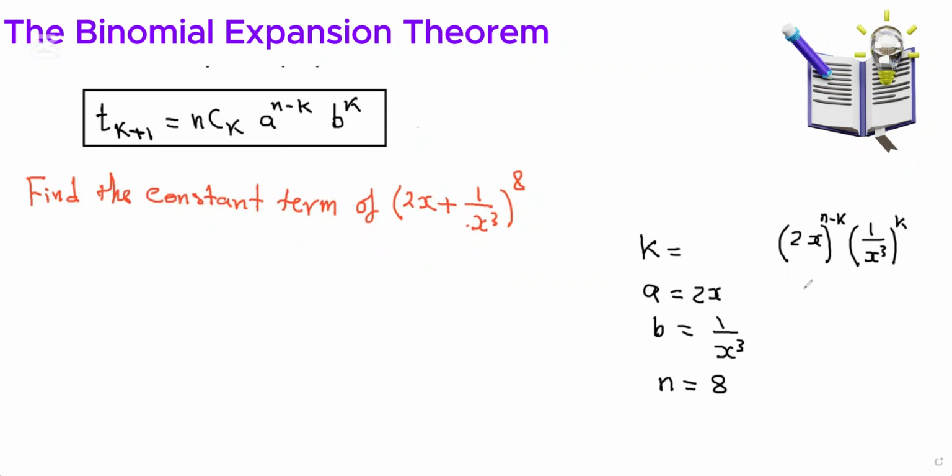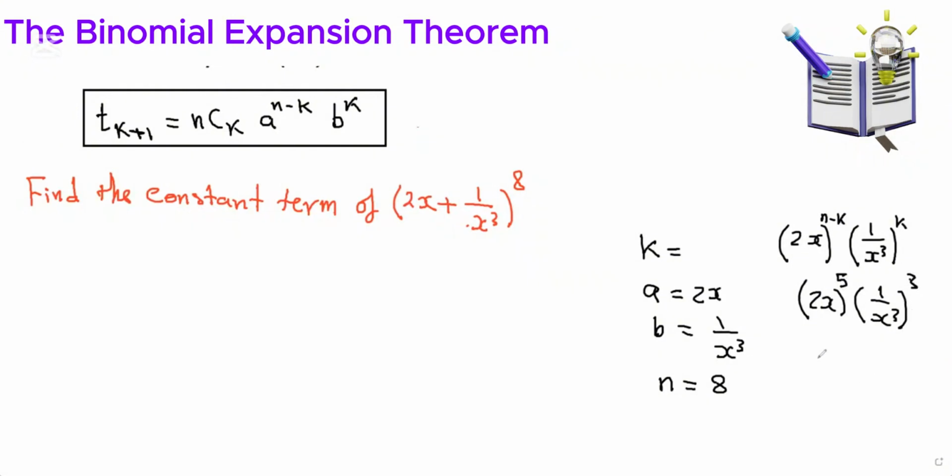So let's look at 2x. I'm going to just explore options, so we know that this and this have to add up to 8. So let's say if we make k 3 here, then this would be 5. And as you see, x is going to end up being to the 5, and here x is going to end up being to the 9.